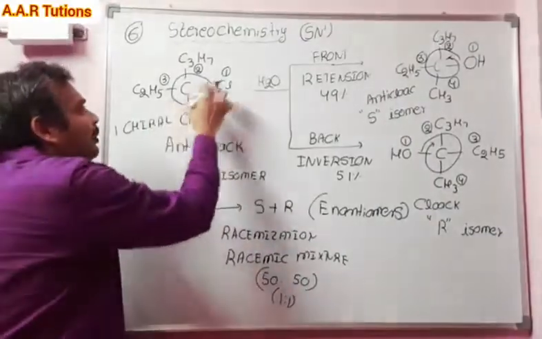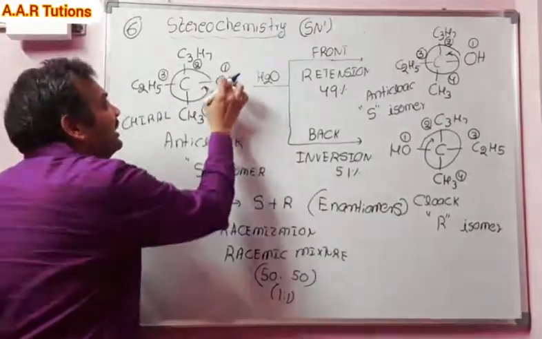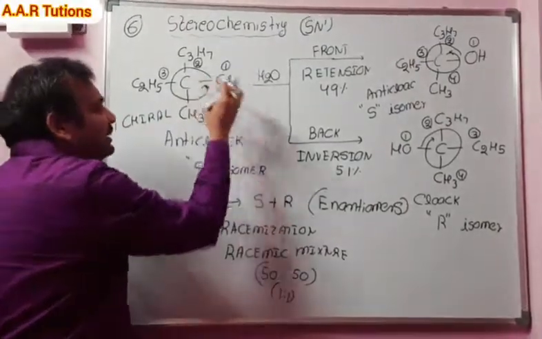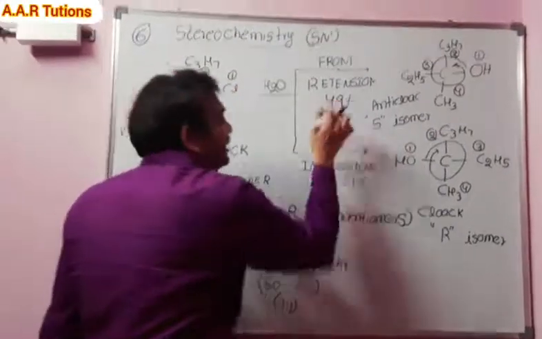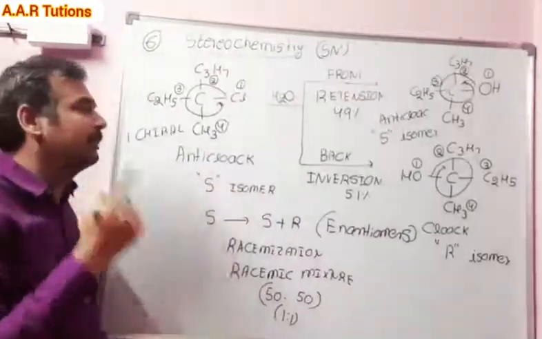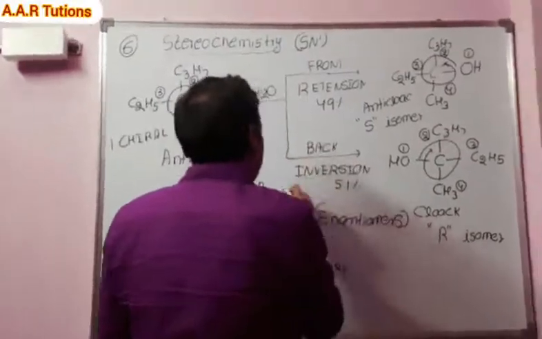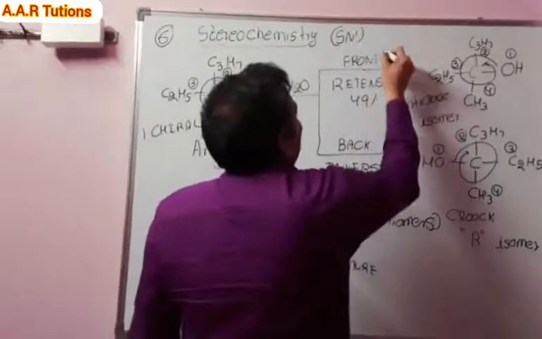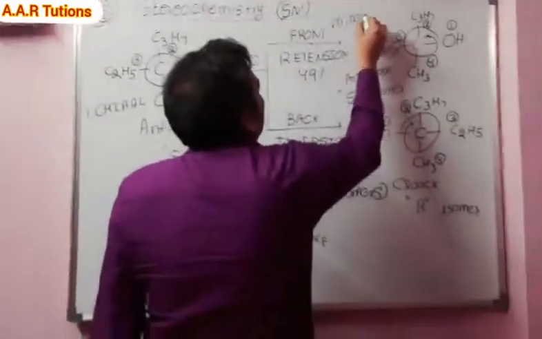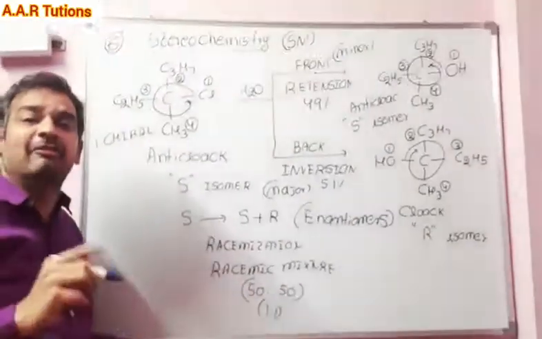The back side attack is free, whereas the front side attack faces some steric crowding with this Cl minus. So the retention isomer is less when compared to the back side. The inversion isomer is the major product in an SN1 reaction, whereas the retention isomer is minor. So this is about stereochemistry in the SN1 reaction.